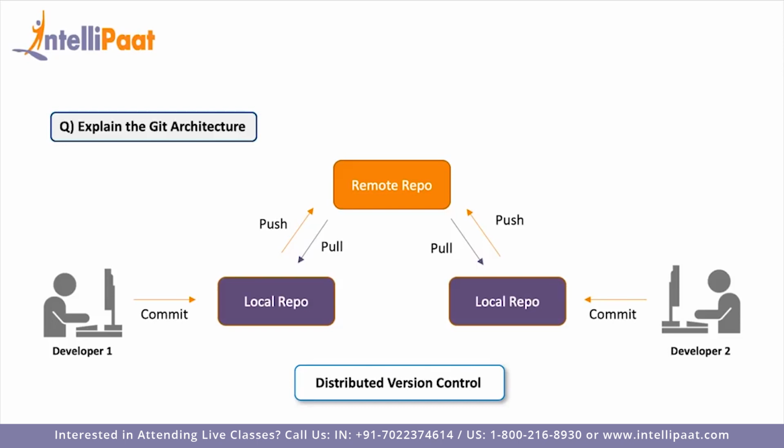Nobody can work directly on the remote repository, and this is the main principle of how Git works, and that is the reason it is called a distributed version control system.